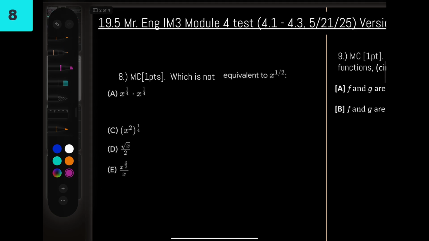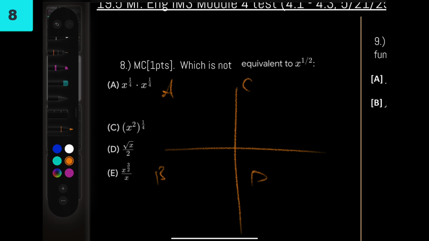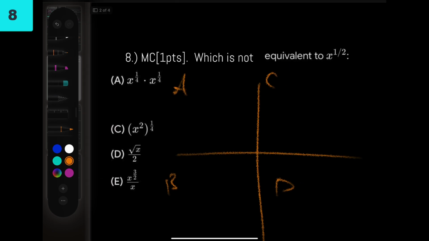Okay, which one is not equivalent to x to the 1/2? So I'm just going to work my problems out here. For A, I have x to the 1/4. When you're multiplying with the same base, you add the exponents. Remember, when you're adding, you add across and then you keep the denominator.